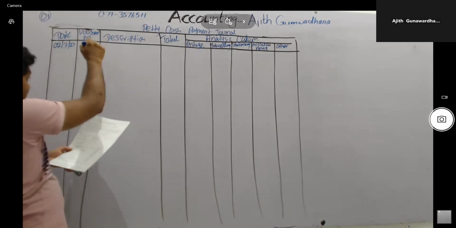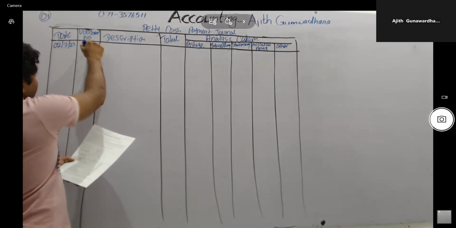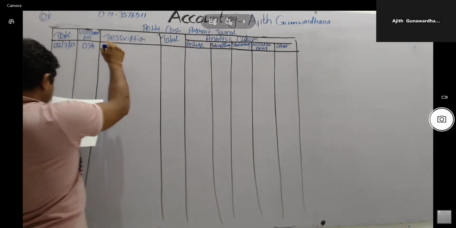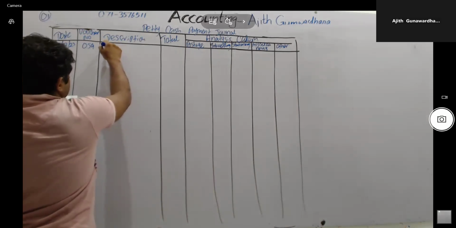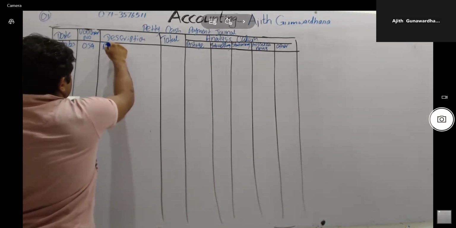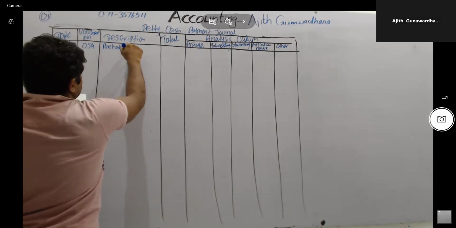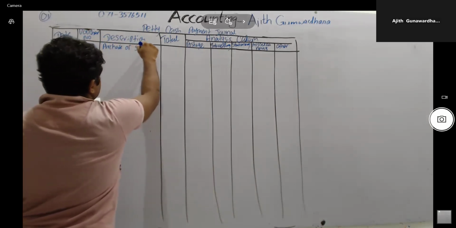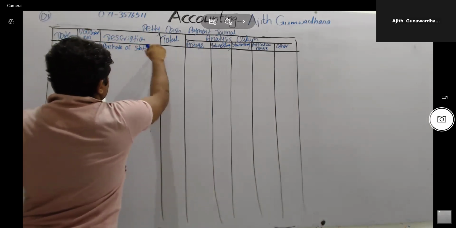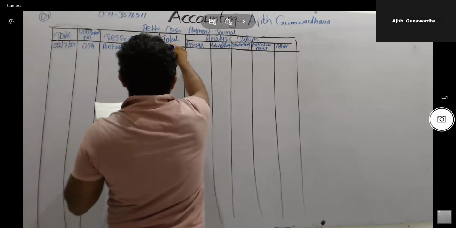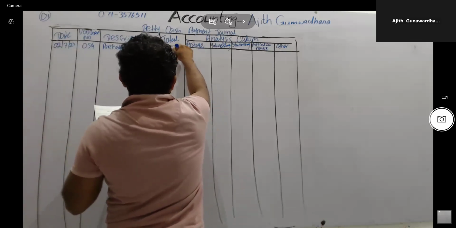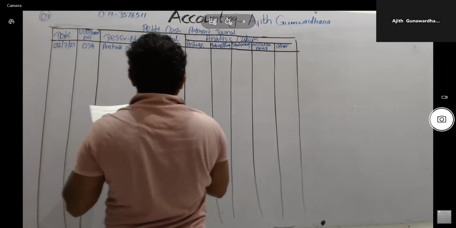And the voucher number is given as 059. Description, purchase of stationery. A small amount of expense paid in cash. The value is 55,000.